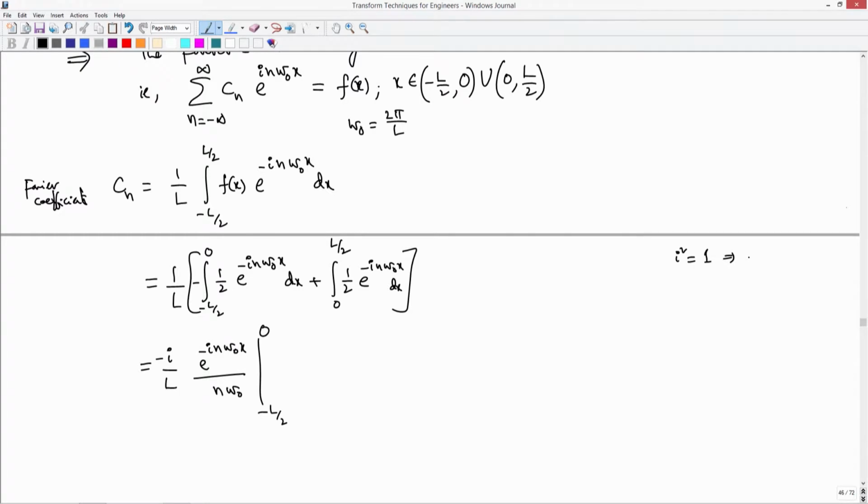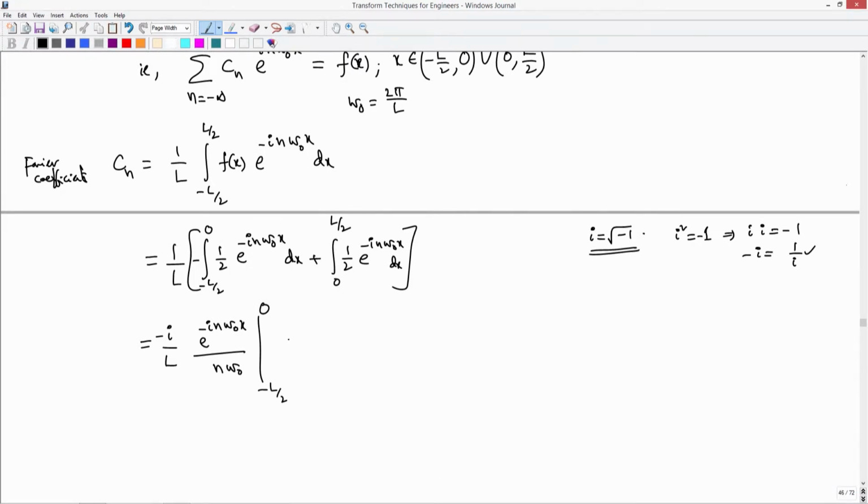So, this implies i times i equals minus 1. So, i equals minus 1 by i, or minus i is 1 by i. So, this is from complex variables, i is square root of minus 1, the imaginary number.